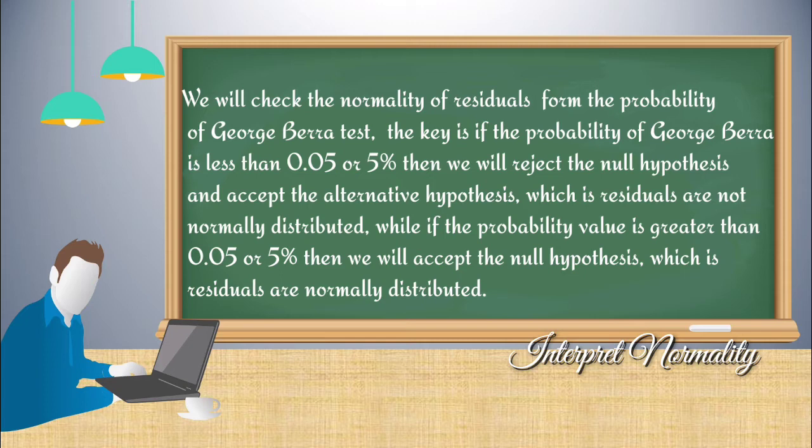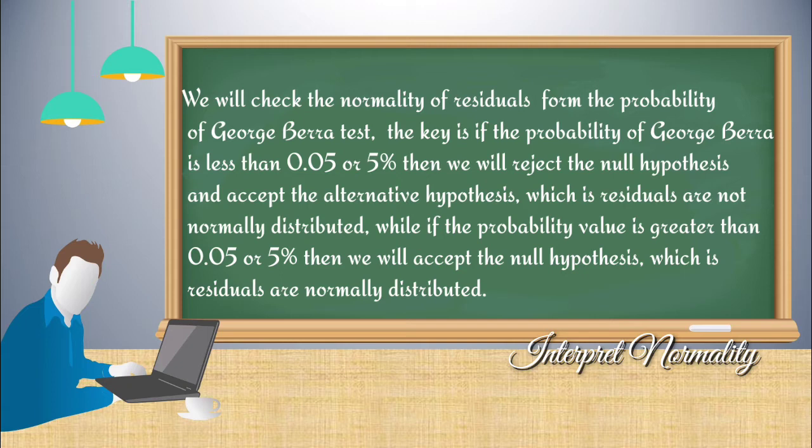The key is, if the probability of Jarque-Bera is less than alpha or 0.05, then we reject the null hypothesis and accept the alternative hypothesis, which is that residuals are not normally distributed.